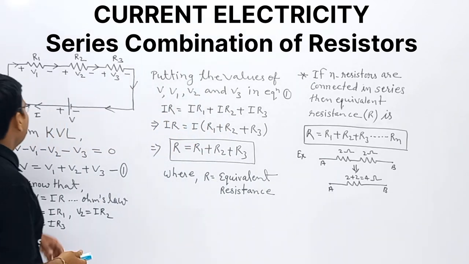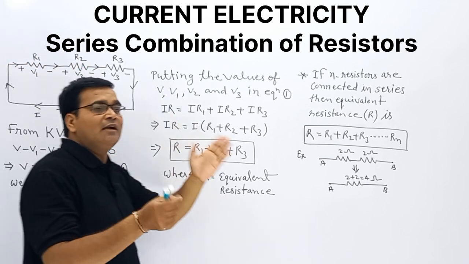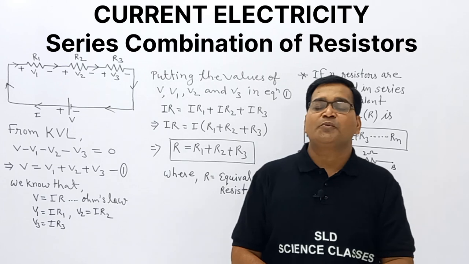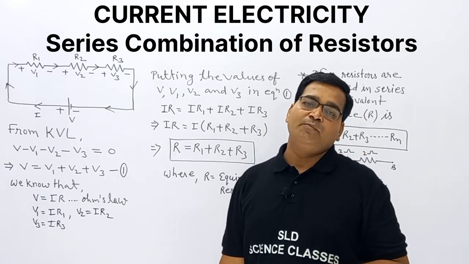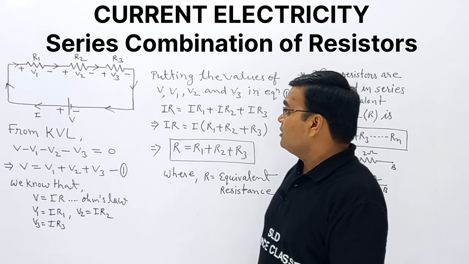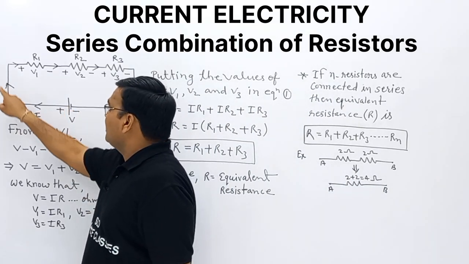Current I flows from the positive terminal of the cell to the negative terminal of the cell. So current always flows from the positive terminal of the battery to the negative terminal. Clear? Now this current starts from the positive terminal.